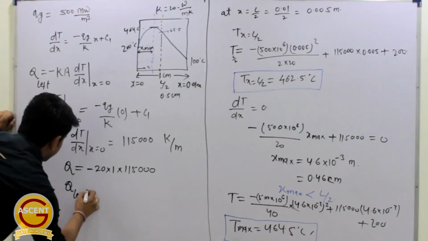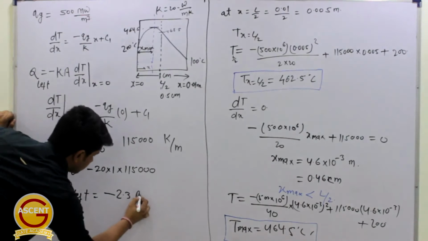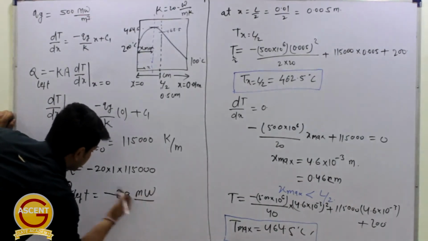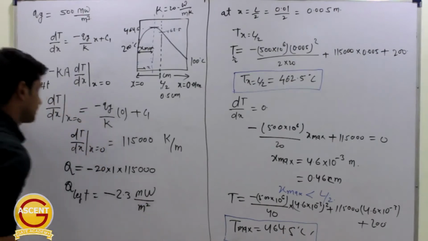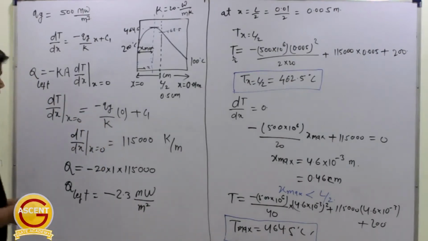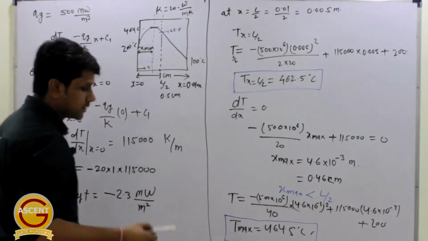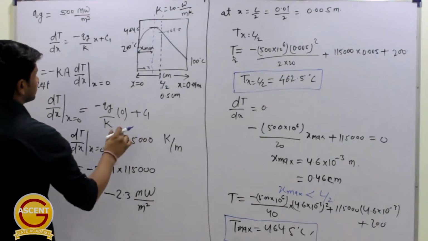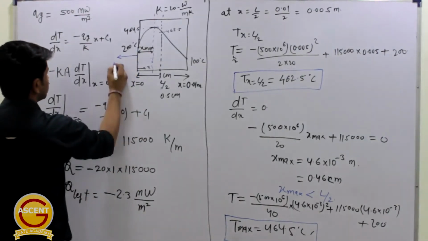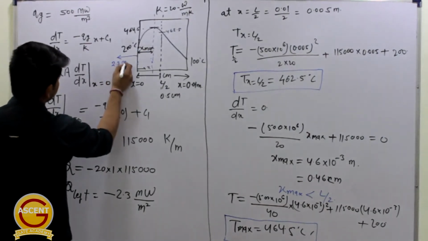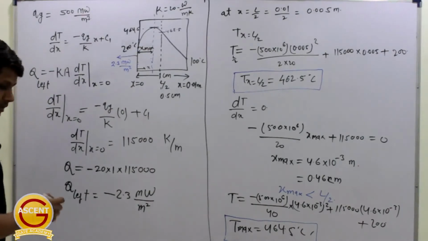So this Q left will be minus 2.3 megawatt, and because we have calculated this per unit area, it will be per meter square, right. And what does this negative sign signify? The heat transfer is in a direction which is opposite to this x, right. So this is the direction of heat transfer, and it is equal to 2.3 megawatt per meter square from this left phase. Okay.